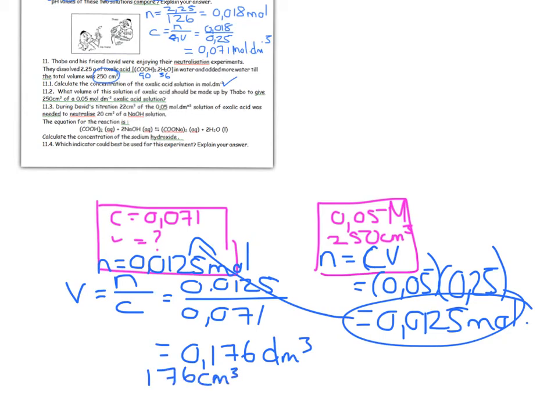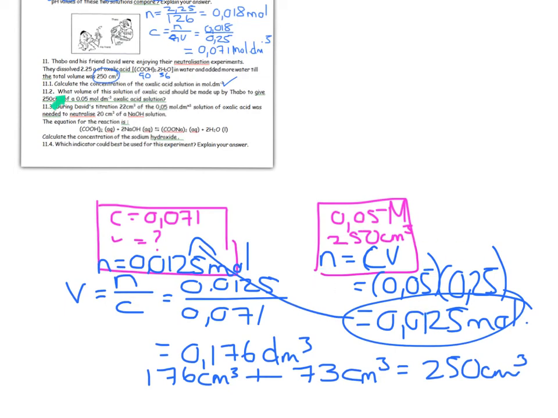So I need to take 176 centimeters cubed, and to that I need to add another 73 centimeters cubed of water, and then I will be up at 250 centimeters cubed of this solution over here that we were trying to make.